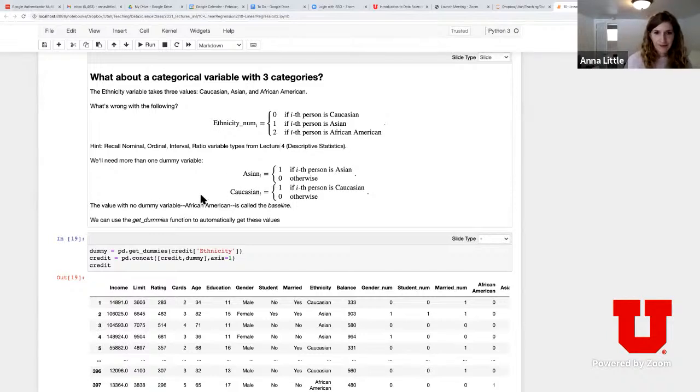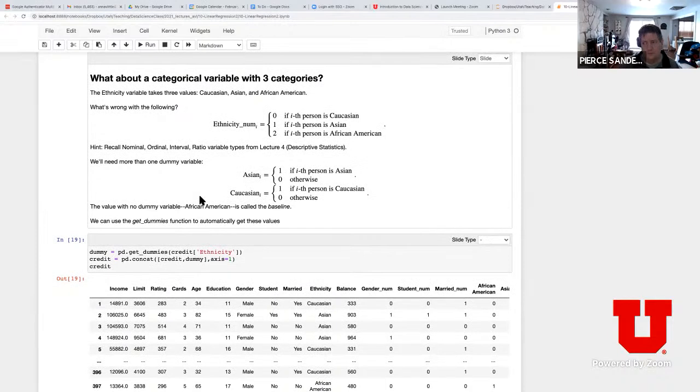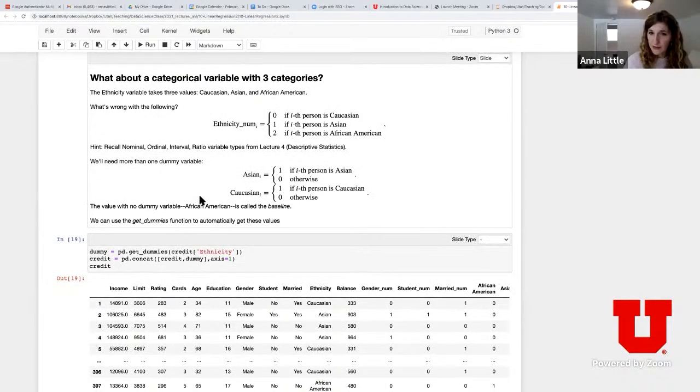Wouldn't the number of dummy variables be the degrees of freedom? The degrees of freedom? What do you mean by the degrees of freedom in this? Well, like you said, if you know the first 2, then you know the 3rd one. So there's only 2 degrees of freedom in the 3 ethnicities, but that might not be the same with every type of category.